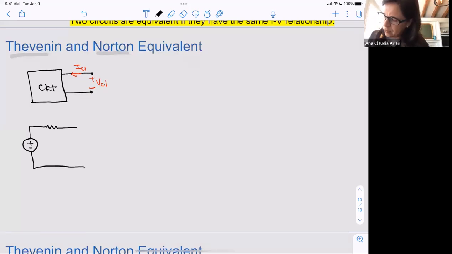And then I need to set the zeros and find out where the line crosses both axes. So now for the Thevenin equivalent, we use a voltage source and a resistor. And now I'm going to call them V Thevenin and R Thevenin.